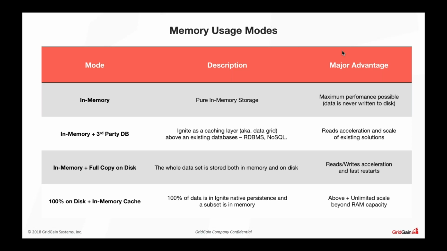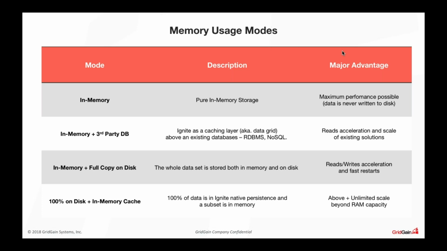As you remember, you just need to deploy Ignite, slide it in between your applications and your persistent database. After that, Ignite will accelerate all your read operations, and you will be able to scale out your Ignite cluster and your read workloads. That's also a wonderful solution. And this is when Ignite is used as a memory data grid.